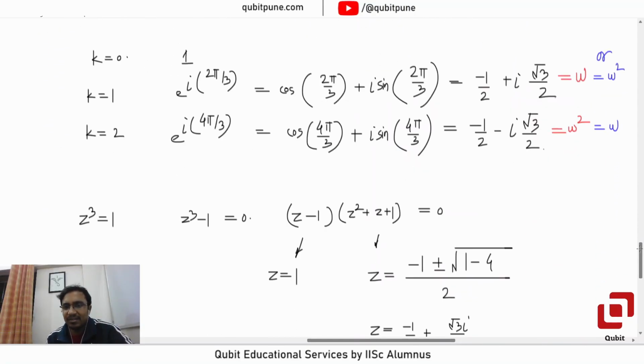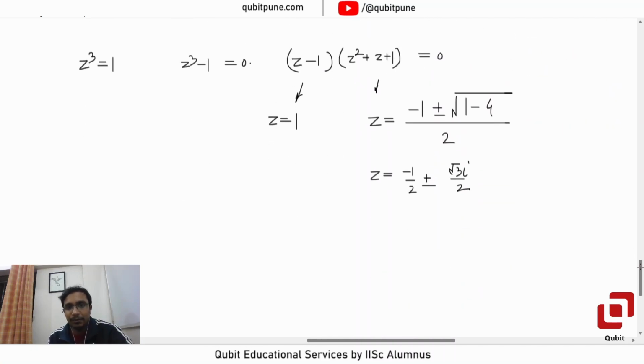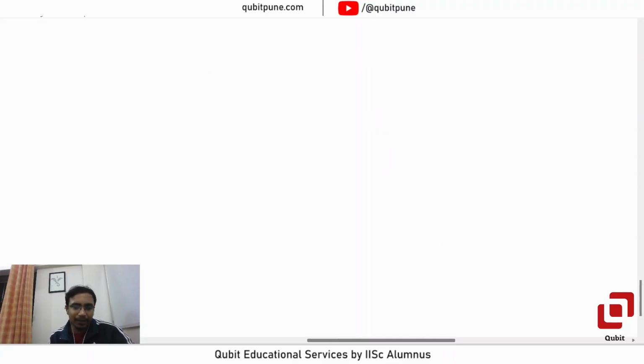Okay, have you understood this? Yes, sir. Okay. Now I'll tell you one more way, or not way actually. Sometimes, I don't think they will ask you this, but suppose you are required to find nth roots of minus 1, nth roots of i, or nth roots of negative i. Then how are you going to proceed?